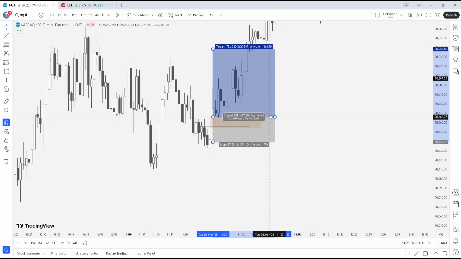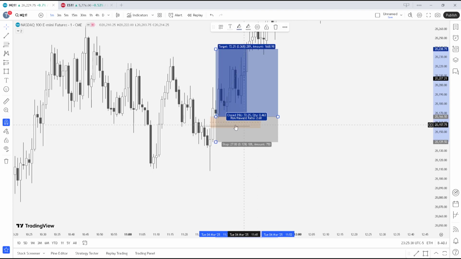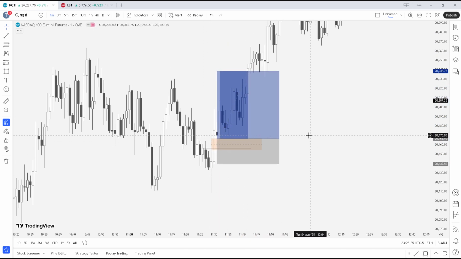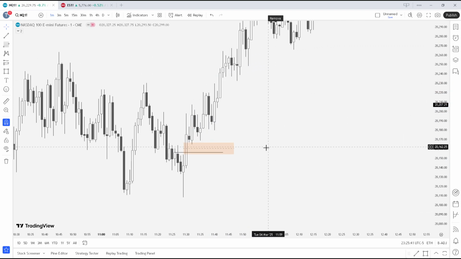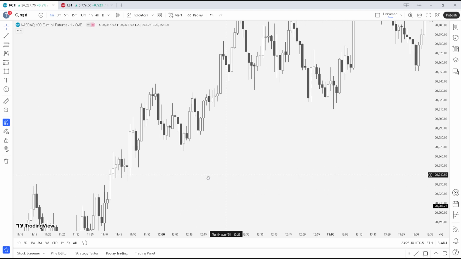Because if you just take an entry off of this BISI, then the breaker has no influence on the entry, because it's just a trade off of the BISI. So this is a unicorn. It's just it didn't actually trigger the entry.